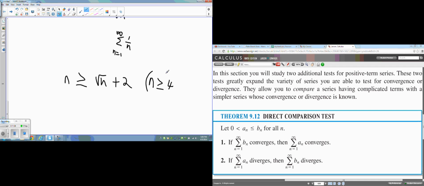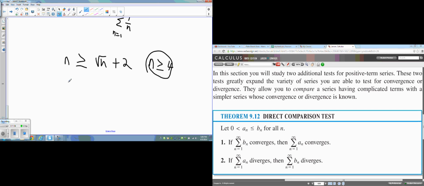But that's only for n greater than or equal to 4, so we're only going to be concerned with those. Once you determine that, if you flip this side over, you get 1 over n is less than or equal to 1 over the square root of n plus 2.